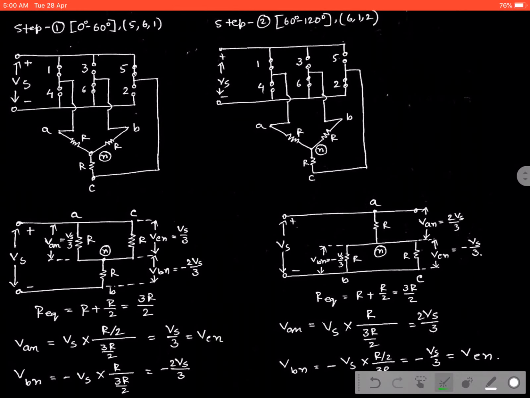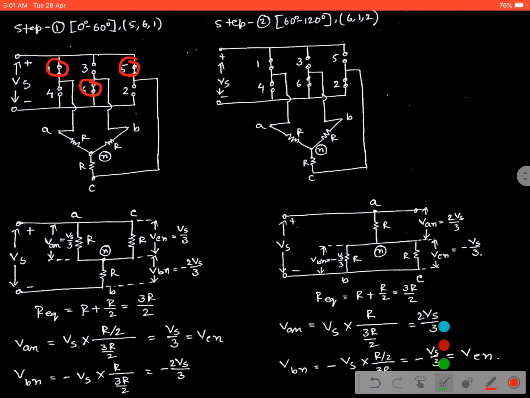Now see, in the first case, step 1, when the switches 5, 6 and 1 become on, what happens? When the switches are in the on state, the current can easily flow to the star connected load.